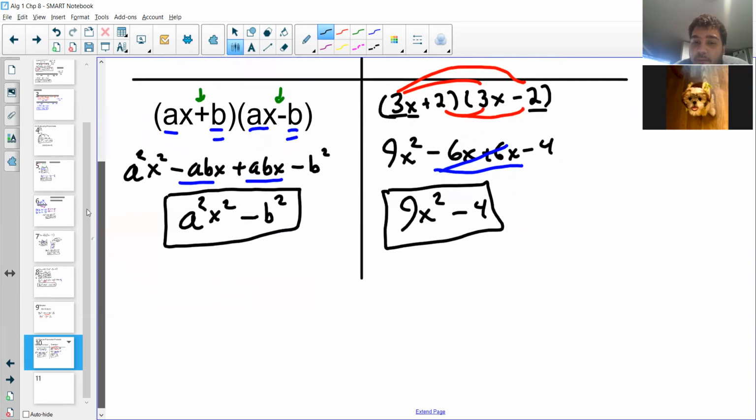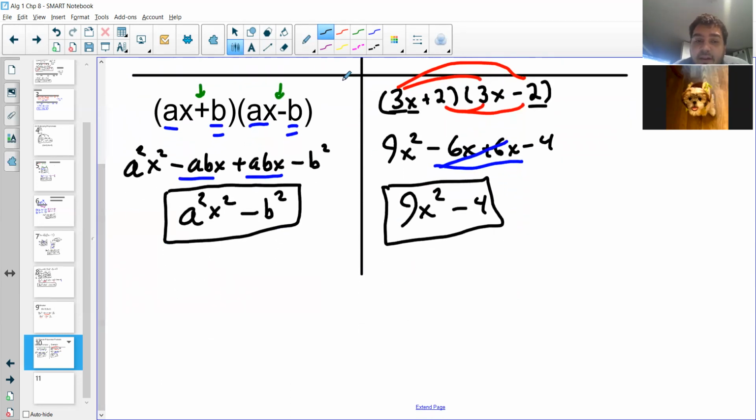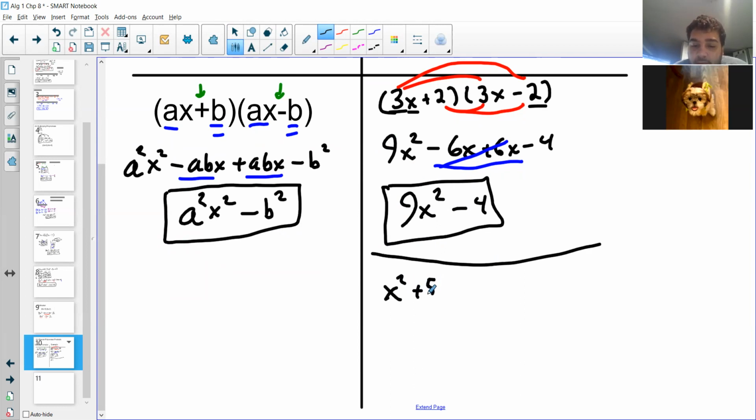I'm going to do another example, this time without any number in A, just like a normal number. So x plus 5, x minus 5.